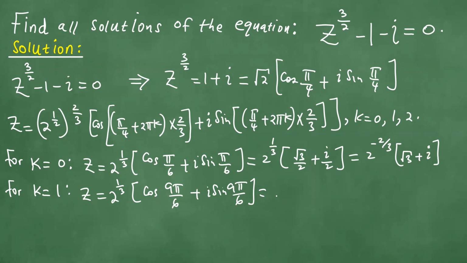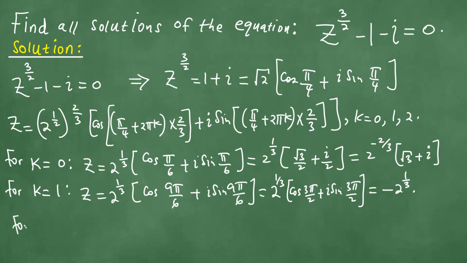Right, so the 9 pi over 6 simplifies to 2 to the power 1 over 3 times the cosine of 3 pi over 2 plus i, the sine of 3 pi over 2. In which case, therefore, this is a -1. Minus 2 to the power 1 over 3.